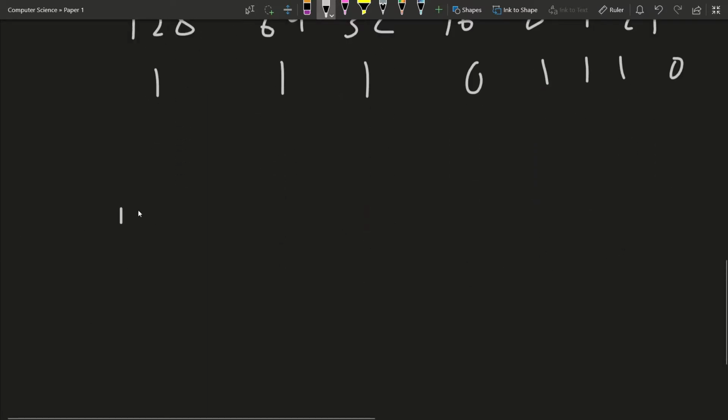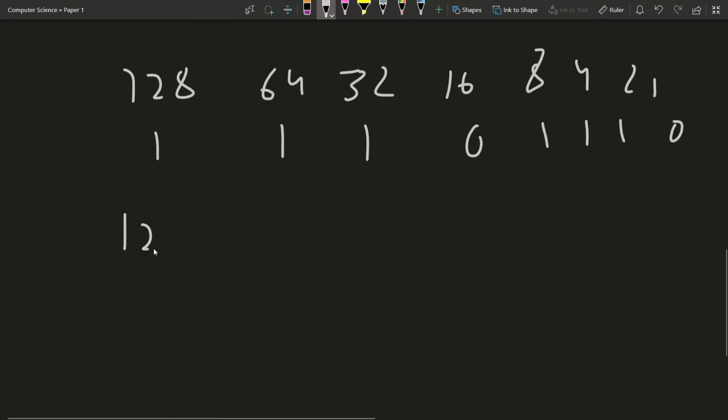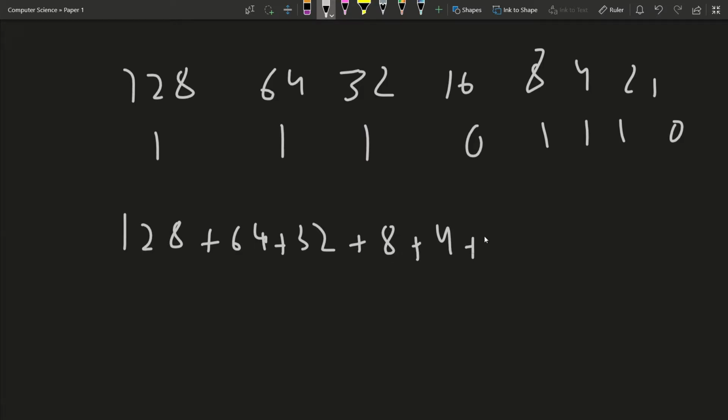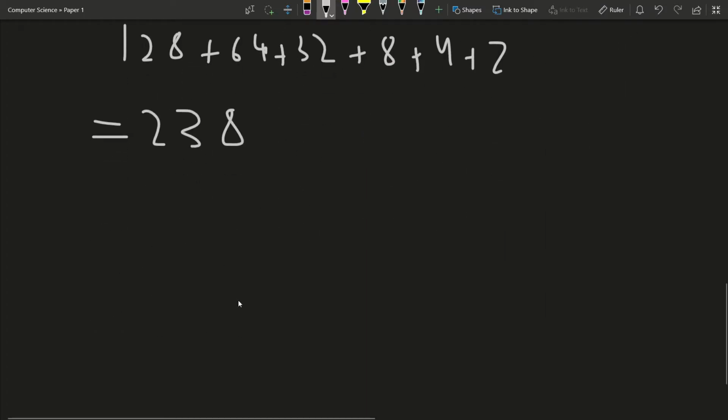So it is 128 plus 64 plus 32 plus 8 plus 4 plus 2, and the 1 is 0, so this would be a total of 238. So that's how you convert from binary to denary.